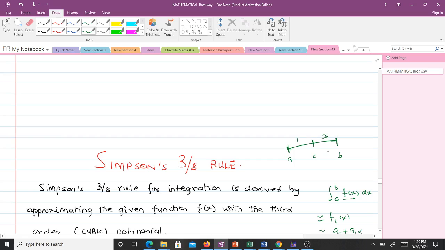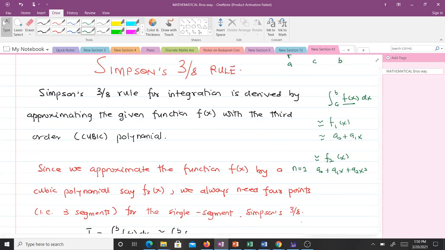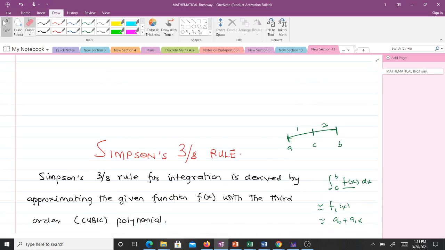So one thing with the Simpson's 3/8 rule is that we approximate the integrand with a third order polynomial. A third order polynomial means we need 4 points, so a0 plus a1x plus a2x squared, then plus a3x cubed. 4 points means we have to get 3 segments.